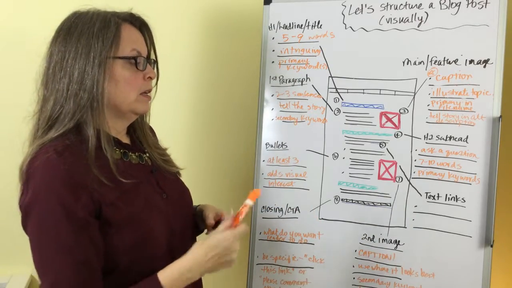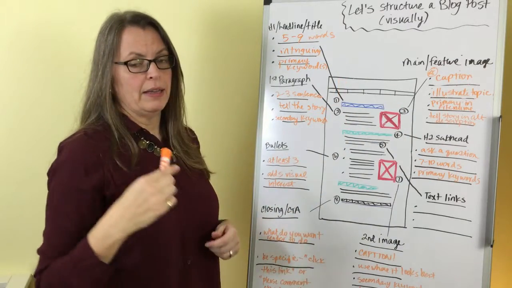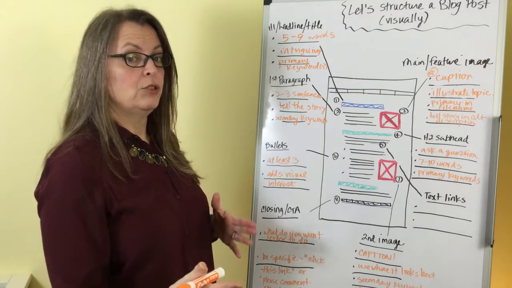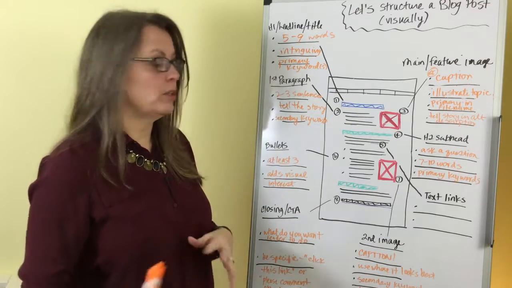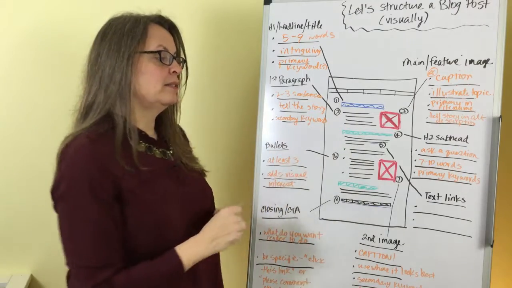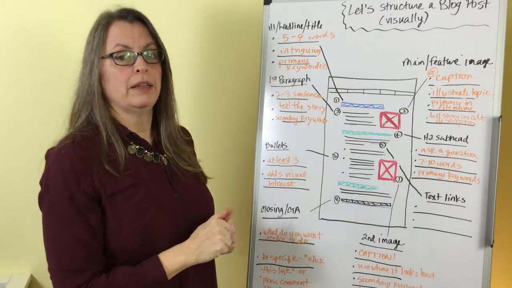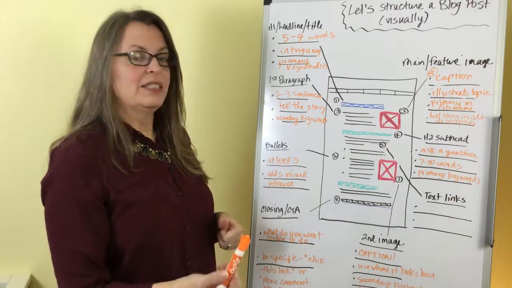The next important subhead is an H2. H1 and H2 are things that search engines look at in trying to understand if your article fits what somebody just entered into the search bar that they're looking for. So something I like to do when we get to the second kind of break in the article is to ask a question. I like to keep these to 7 to 10 words.